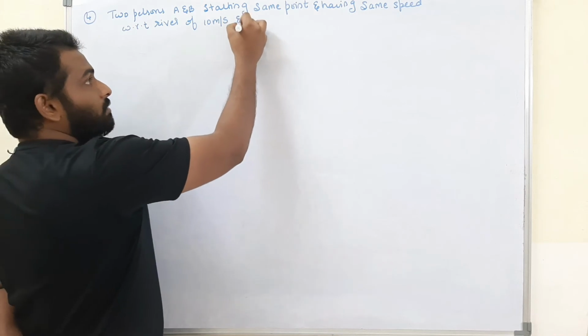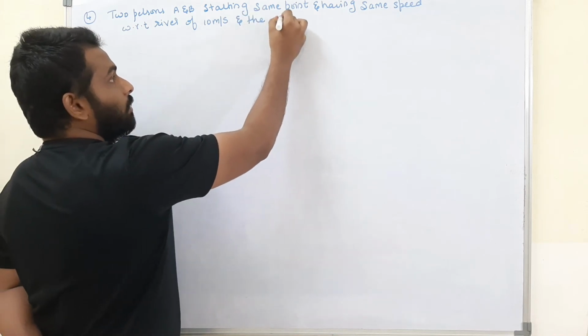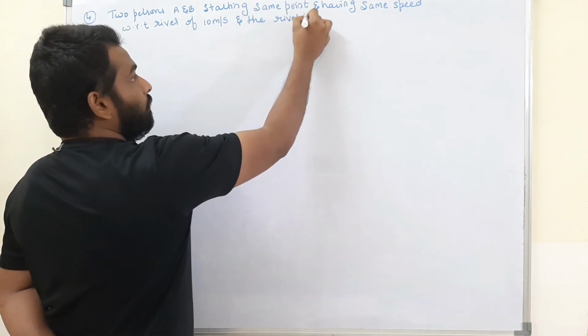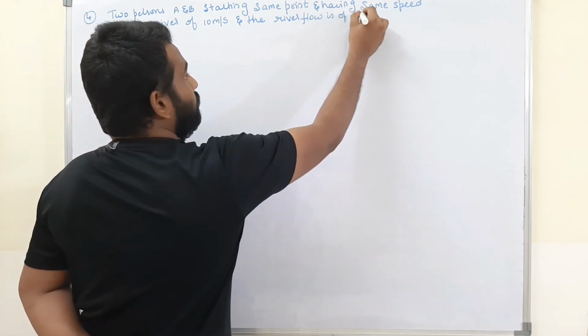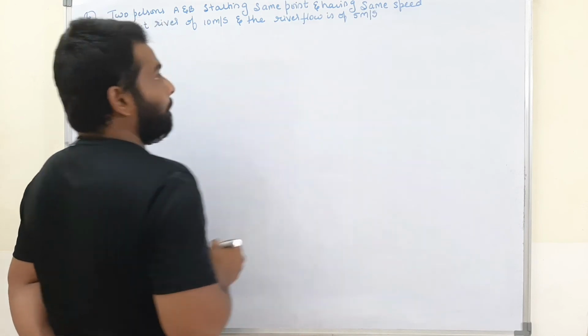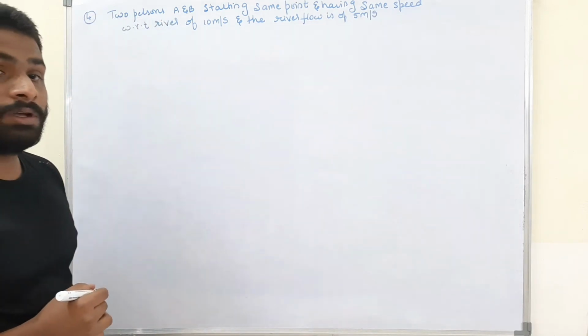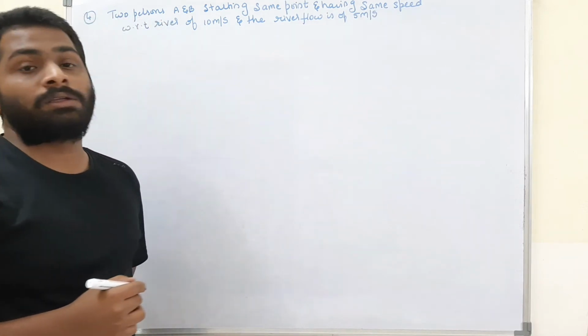And the river flow is of 5 meters per second.